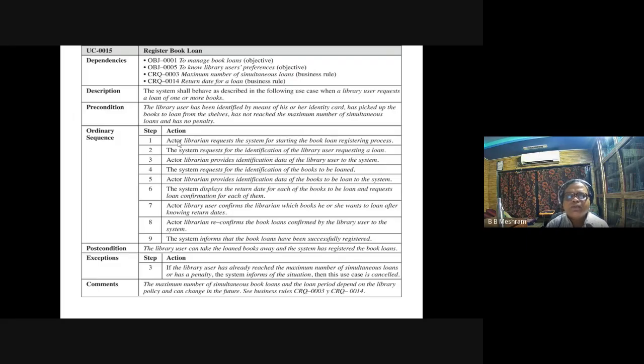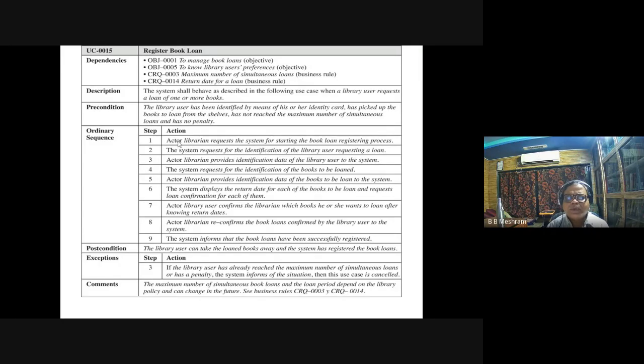So in this way, whatever use case is constructed or considered by you in the use case diagram, the execution process or ordinary event flow is described in the template.